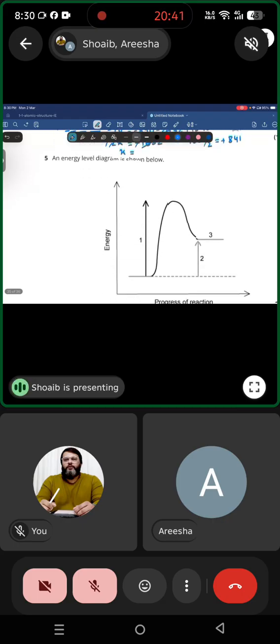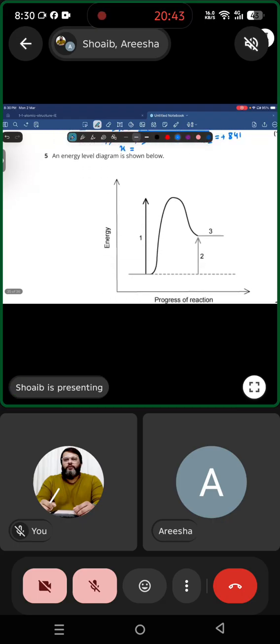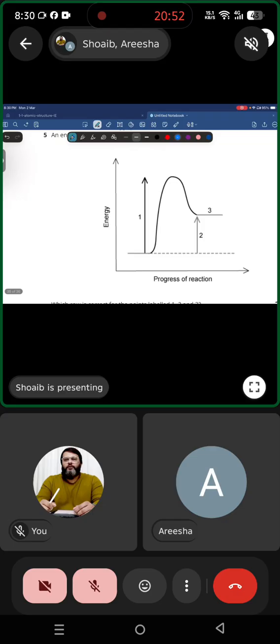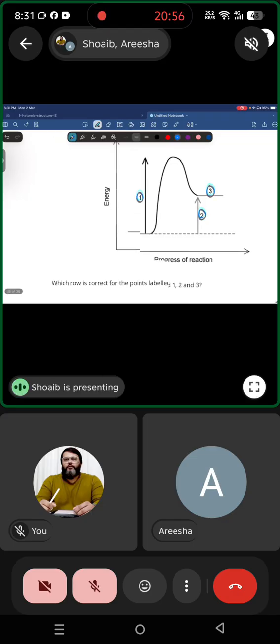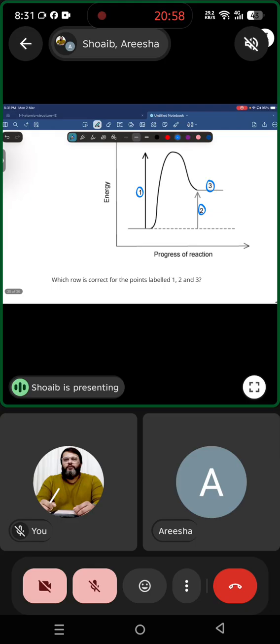Now the next question. An energy level diagram is shown here, with points 1, 2, and 3. Which row is correct for the point labeled in the energy level diagram?